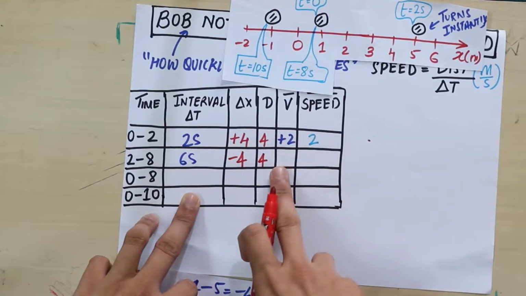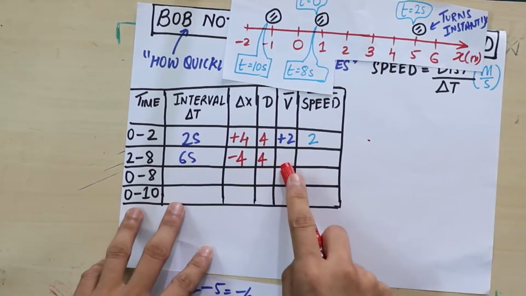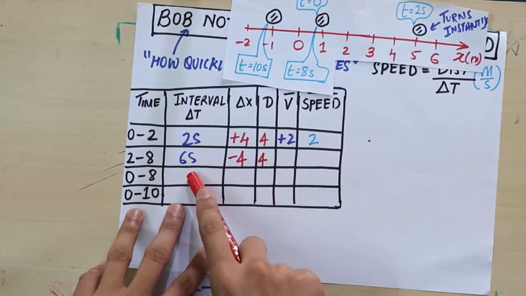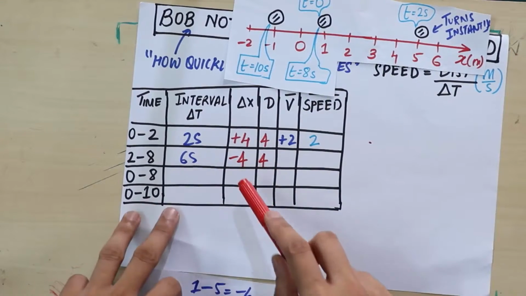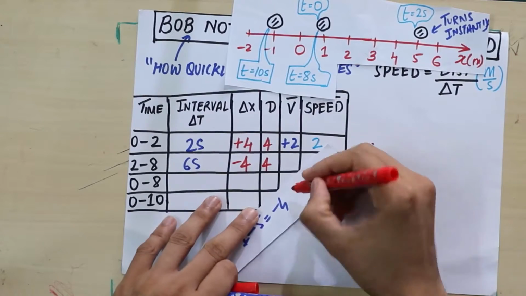What's the average velocity? Let's see. The average velocity is delta x by delta t, minus 4 by 6. What's minus 4 by 6? That's minus 2 by 3. Let me calculate. What's minus 2 by 3?